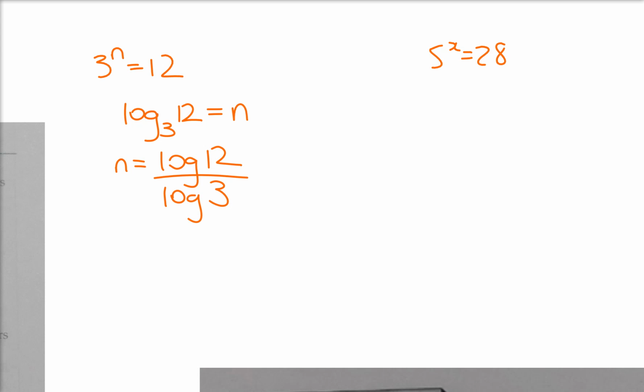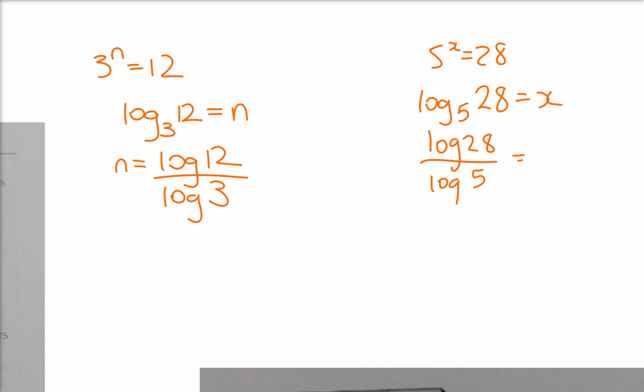Rearrange and then do it. So this one here would be the log base 5 of 28 equals x. What do I put in my calculator? Log 28 divided by the log of 5 equals. Chuck that into your calculator.